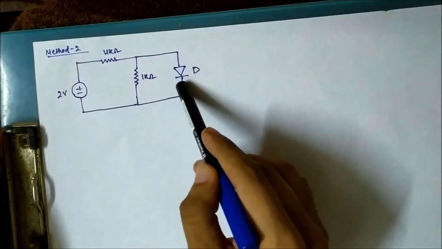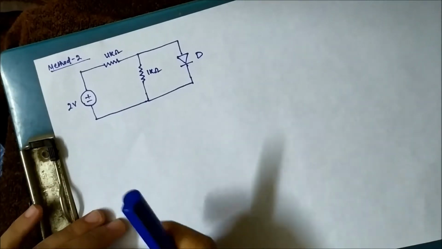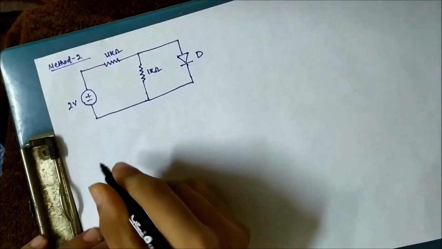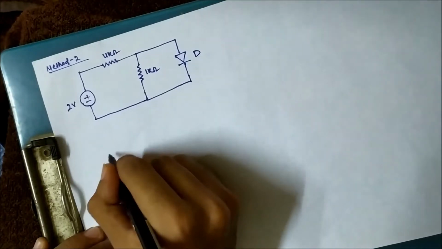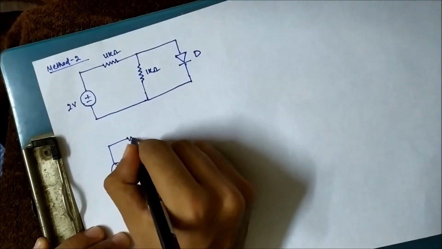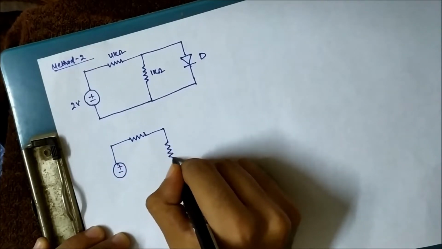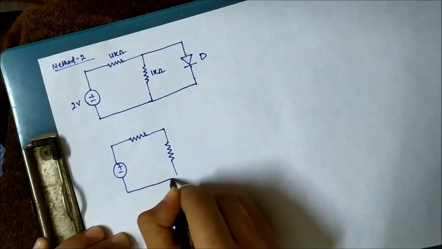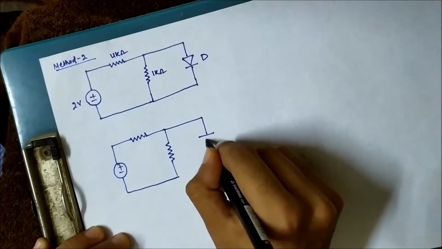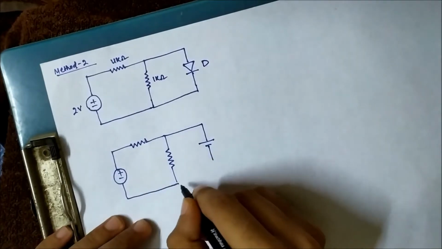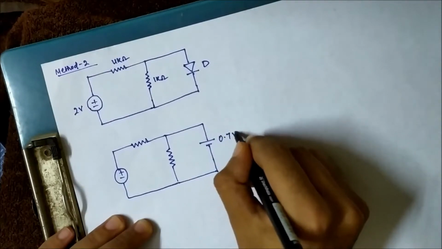So we will just replace it with its cut-in voltage, which is 0.7 volt. Let us redraw the circuit. Again the 2 volt voltage source, the 4 kilo ohm resistance, followed by the 1 kilo ohm resistance, and here we replace the diode with its cut-in voltage, this 0.7 volt.